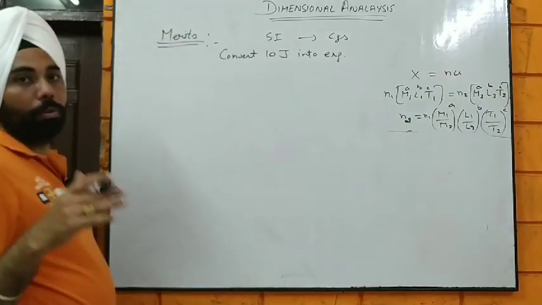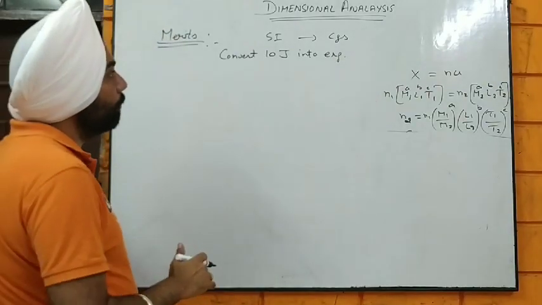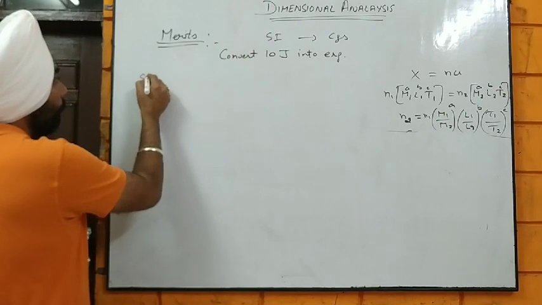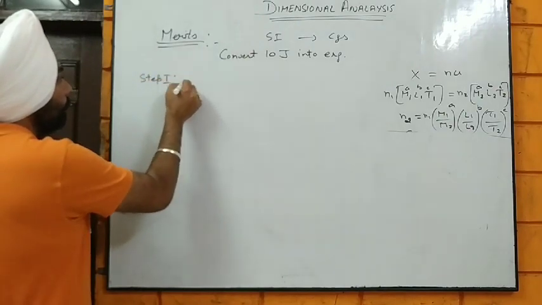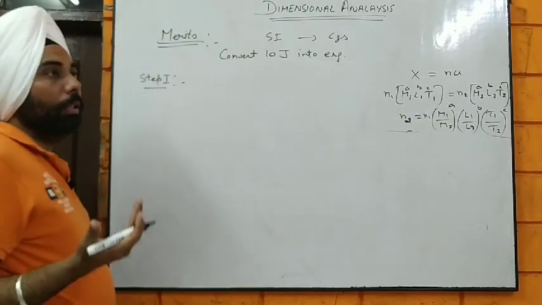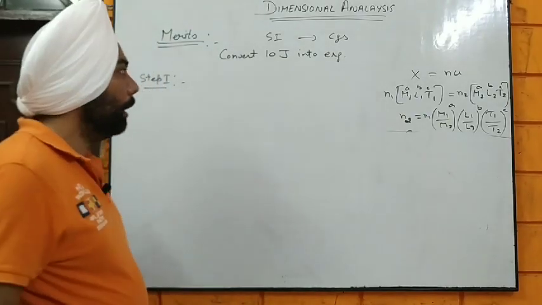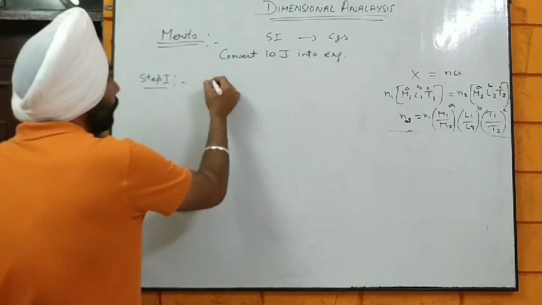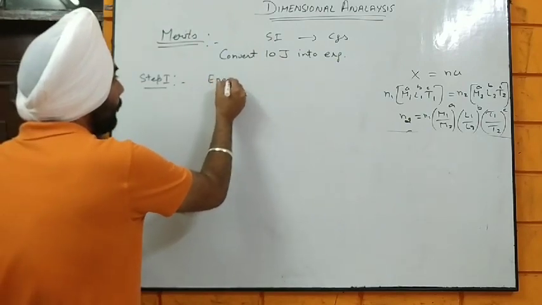You can practice the reverse of that as well. So step 1 is: check out the physical quantity, joules. It is either work or energy, and they have the same dimensions. So let's take energy.